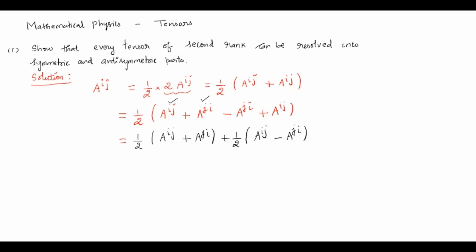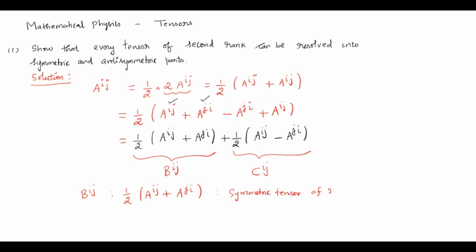Let us define the first quantity as Bij, and the second quantity as Cij. Now what about Bij? Bij is 1 by 2 Aij plus Aji. This is actually a symmetric tensor of rank 2. Let us see why.